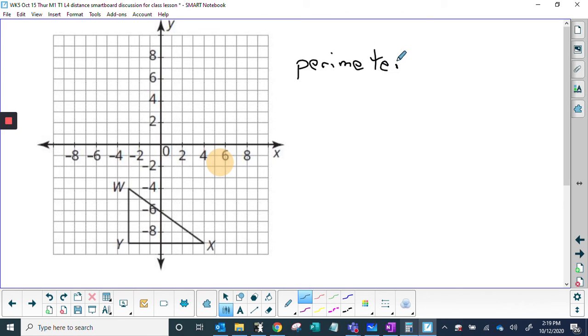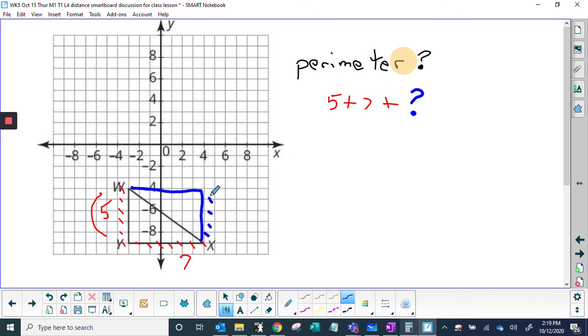Perimeter is distance around. Well, we know this distance, just count. 1, 2, 3, 4, 5. And 1, 2, 3, 4, 5, 6, 7. So that's 5 plus 7 plus something. Well, we know how to find the distance now. Let's use the slope. This is 5 and 7.